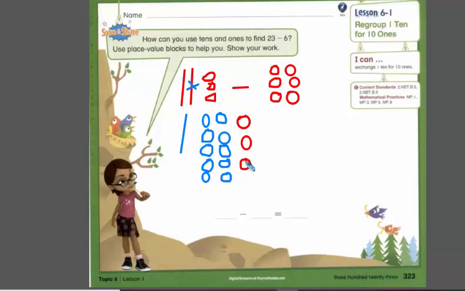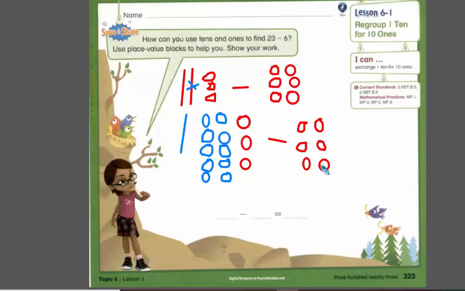So now how many do I have in the ones? In the ones I have 10 and 3 more. Minus the same number of ones: 1, 2, 3, 4, 5, 6.